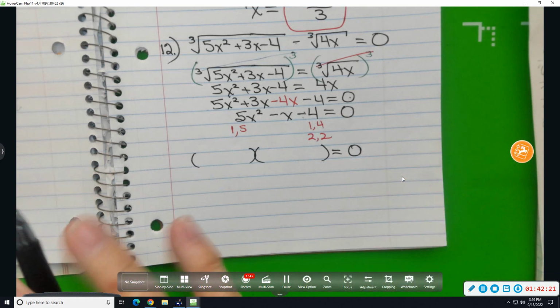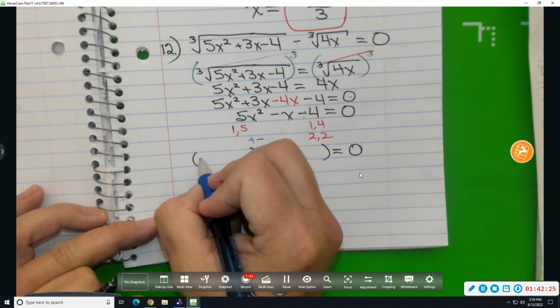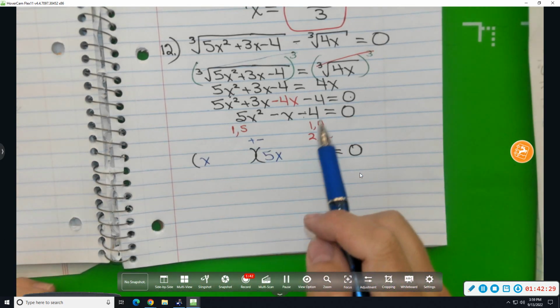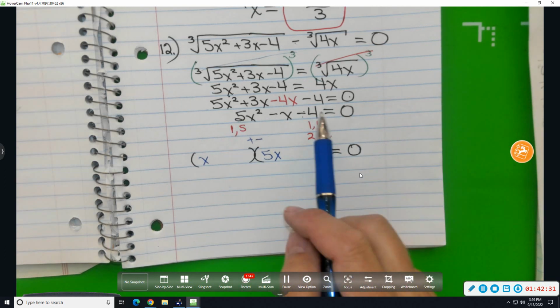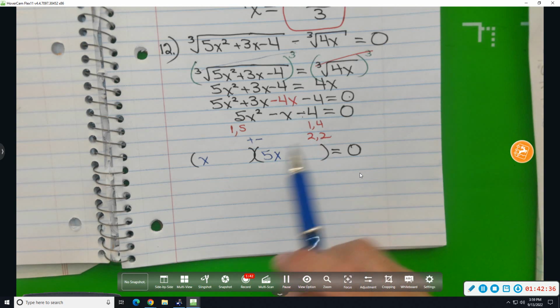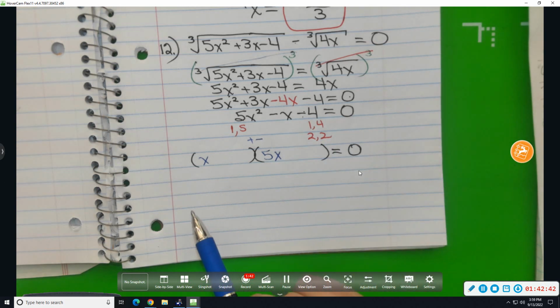That means we're going to have one of each sign. It could end up being a 5x plus 4. Okay, you're thinking, use the 1 and 4, because why? 5 minus 4 gives us 1. So don't use the 2 and 2. If you try the 2 and 2, you're going to wind up with a 10x and a 2x. That's not going to give you a minus 1x.